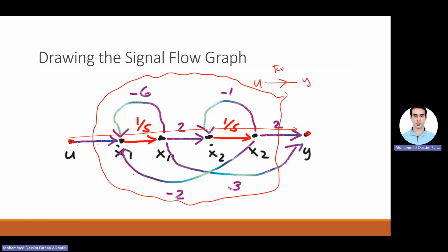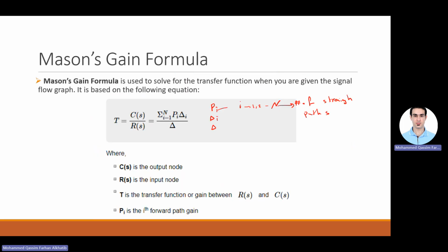Also this one is a feedback. However, if you look at this one here, you can have this path also. That's the second path. Now, are there any others? No. So n in this case will be 2. So I need to find path 1, path 2, and for each path there will be delta 1, delta 2. All right. So that's the first thing, to identify the number of straight paths.